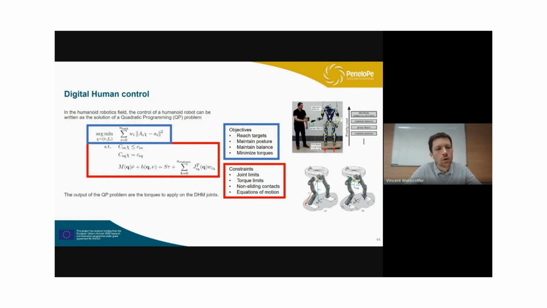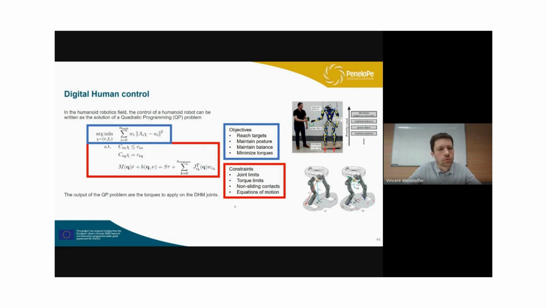And also, a really important constraint are the equations of motion. That's what you see here as the last equation. These are the equations of motion of the robotic system, and it's seen as a constraint of the QP problem. I will not give more details on this because it's not the aim of this presentation.